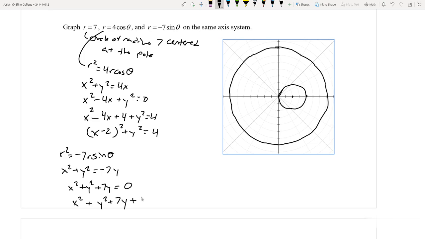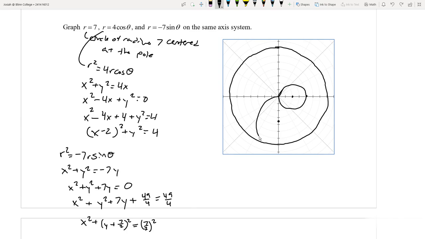So we're looking at (7 over 2) squared, so 49 over 4. So we're looking at (y plus 7 halves) squared equals 7 over 2 squared. So we're going to go down 3.5. 1, 2, 3.5. And then our radius will be 7 halves, so we'll go all the way back to the origin and out to 7. More like an oval than a circle.